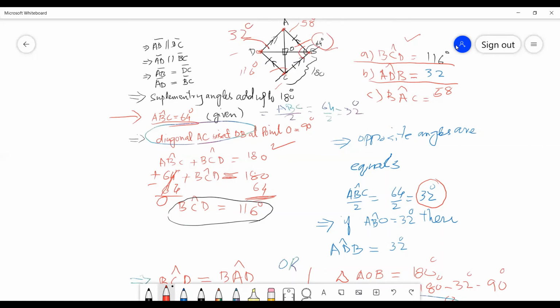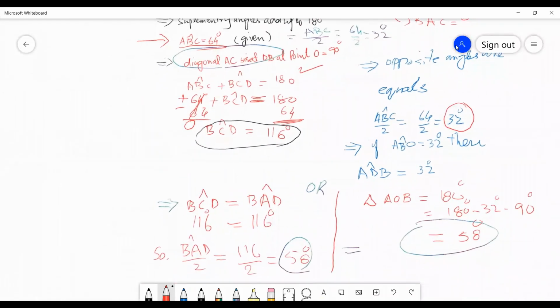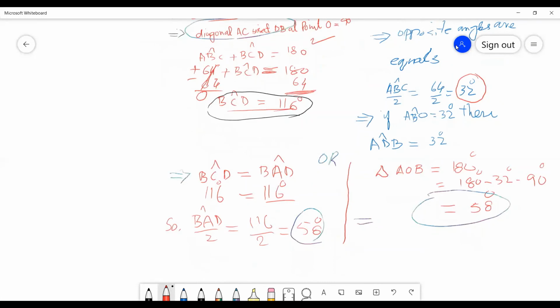The next point is angle BAC. This is point B, this is A, and this is C. We already calculated angle BCD, which is 116, and angle BAD is the opposite angle of BCD, so it will be 116. Angle BAD is divided by 2 because we need half.